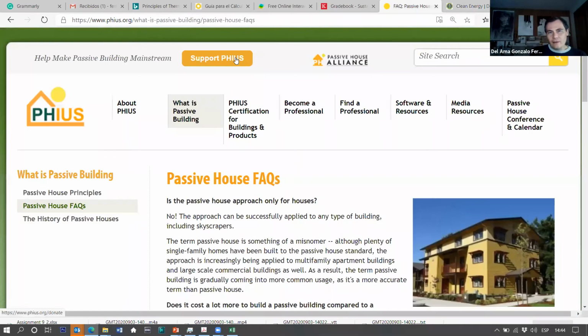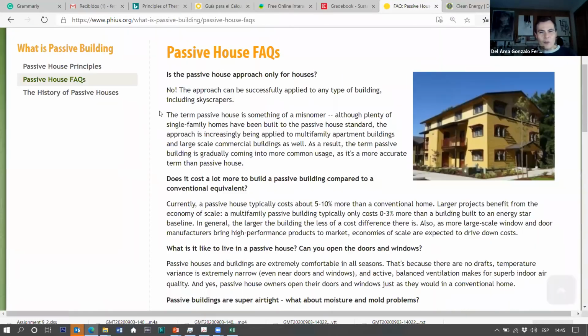Okay, so if you have to find data, because sometimes we don't know what to do, so we have a problem and we need to answer that question, or we have to provide a solution to that problem, and we need data. So what can we rely on? Passive House Institute. Okay, what is the recommended R value?